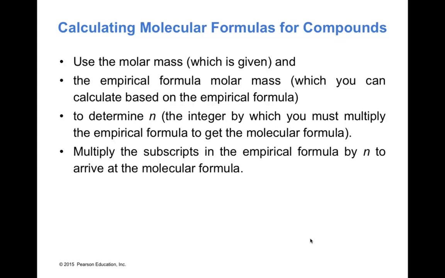Then multiply the subscripts in the empirical formula by n to arrive at the molecular formula. This is how you can find the molecular formula by using the empirical formula.